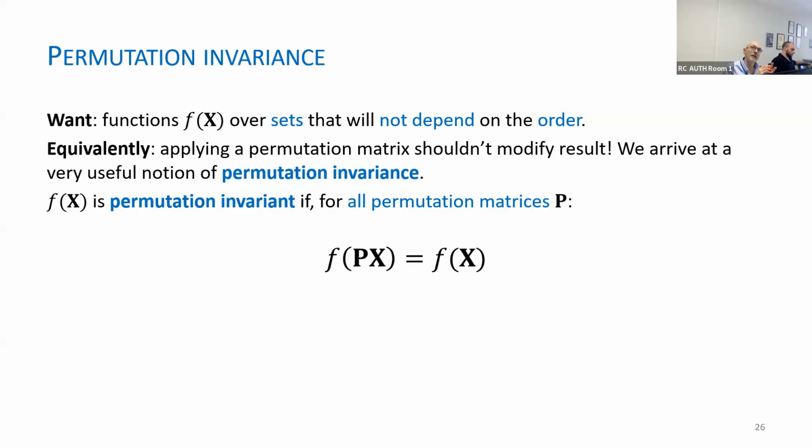In an equivalent way, the application of a permutation matrix to the input points should not affect the value of the output. This is the notion of permutation invariance, and this should be true for all the permutations.